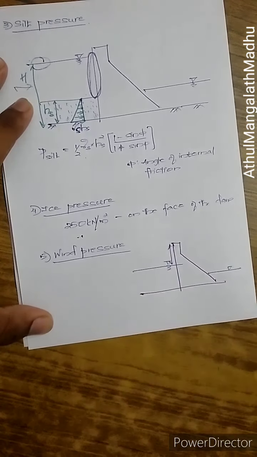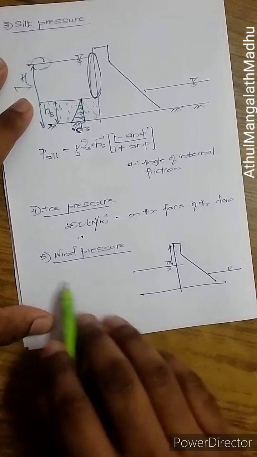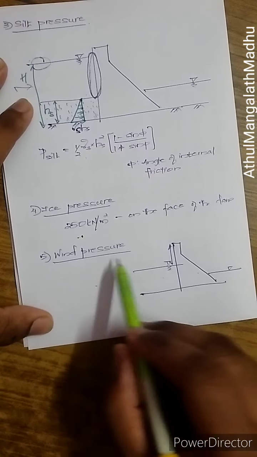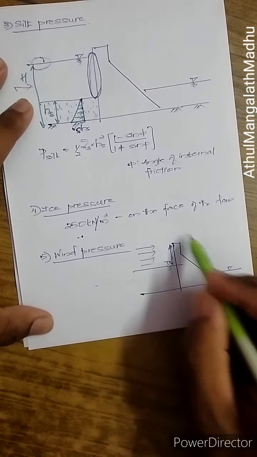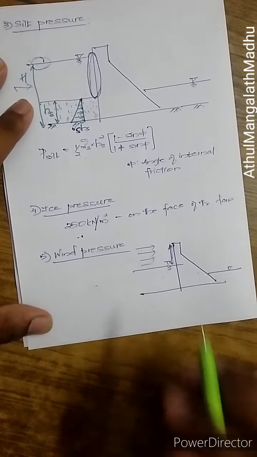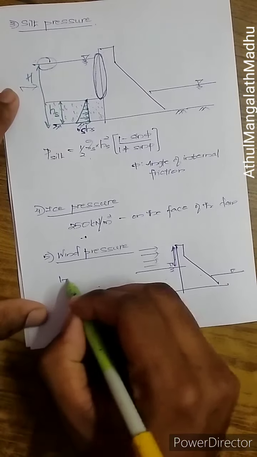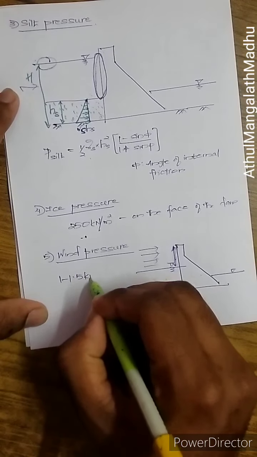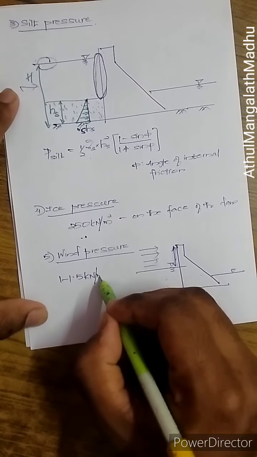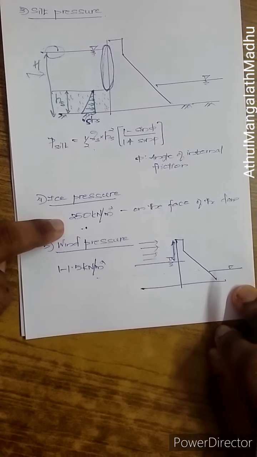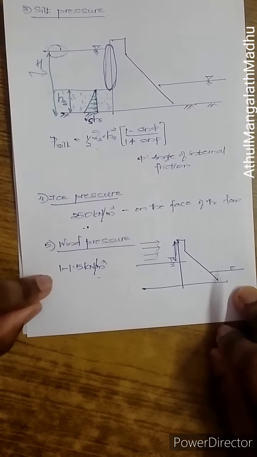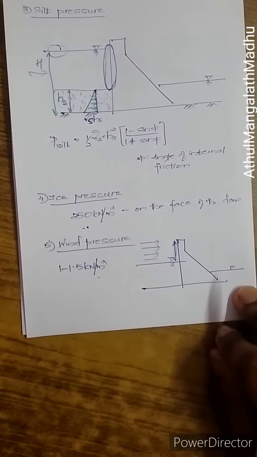This much portion is water, and wind will not be going through water, but this much portion is getting exposed to wind. So that has to be resisted. The portion which is exposed to wind will experience 1 to 1.5 kilonewton per meter square of wind pressure. So that's how you calculate the wind pressure. Ice pressure will be 250 kilonewton per meter square, and the wind pressure will be 1 to 1.5 kilonewton per meter square.